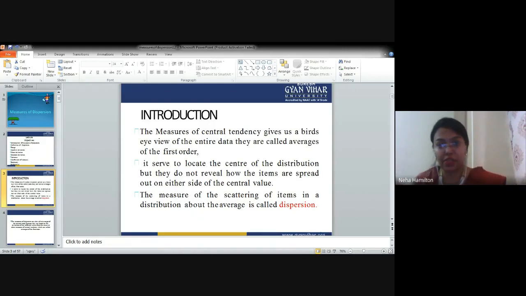In descriptive statistics, we measure two things. The first is measure of central tendency, and the second is measure of dispersion, right? These are the two things that we understand in descriptive statistics.